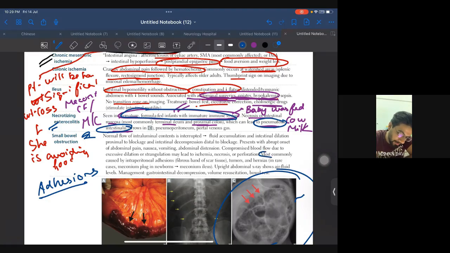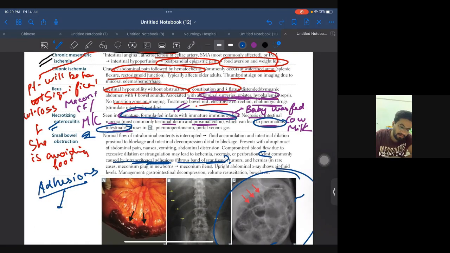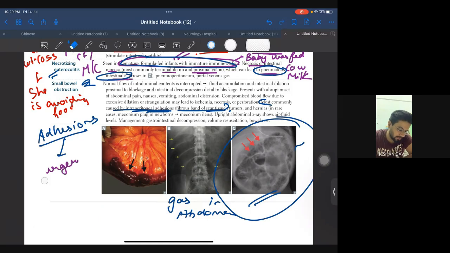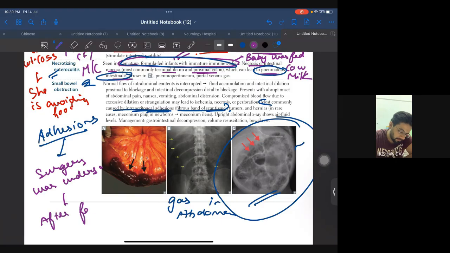Most commonly caused by intraperitoneal adhesion, fibrous bands of scar tissue, tumors, and hernia. If the question wants to ask you about adhesions, they will say it was a post surgical case where surgery was undergone, and after a few days there was obstruction in the small bowel.